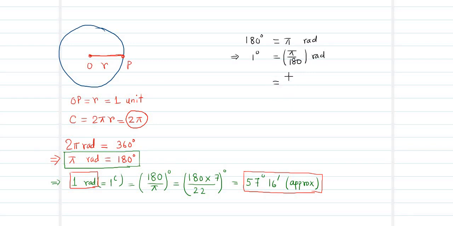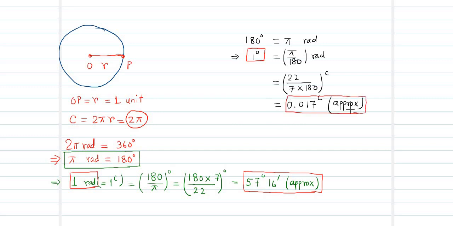Now what is the value of pi? 22 by 7 into 180 radian, that means we can write it with C, and this is approximately equal to 0.017. So 1 degree equal to 0.017 radian. So these are the two very important relations we found.